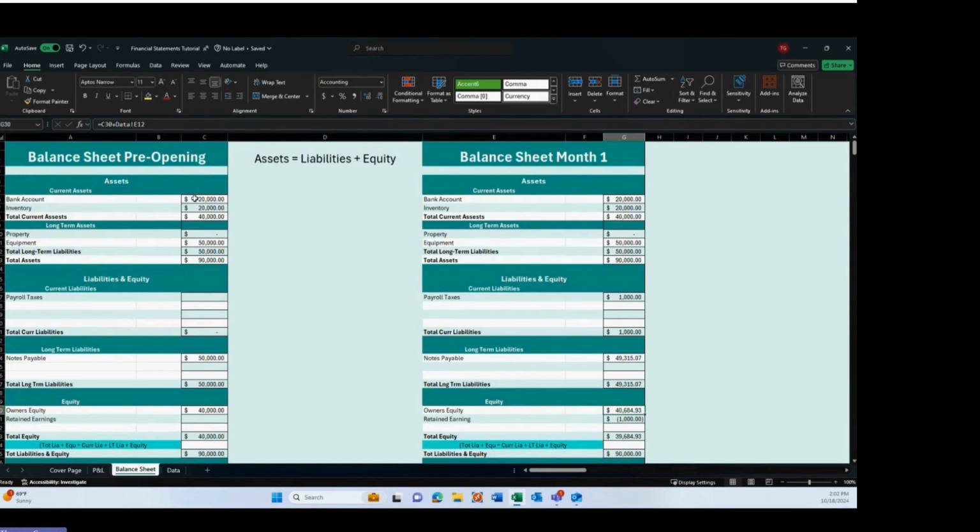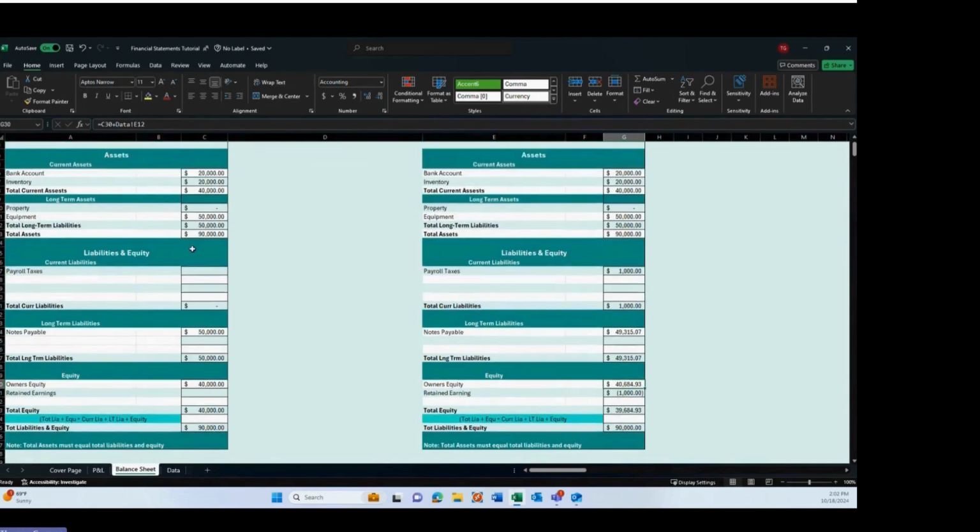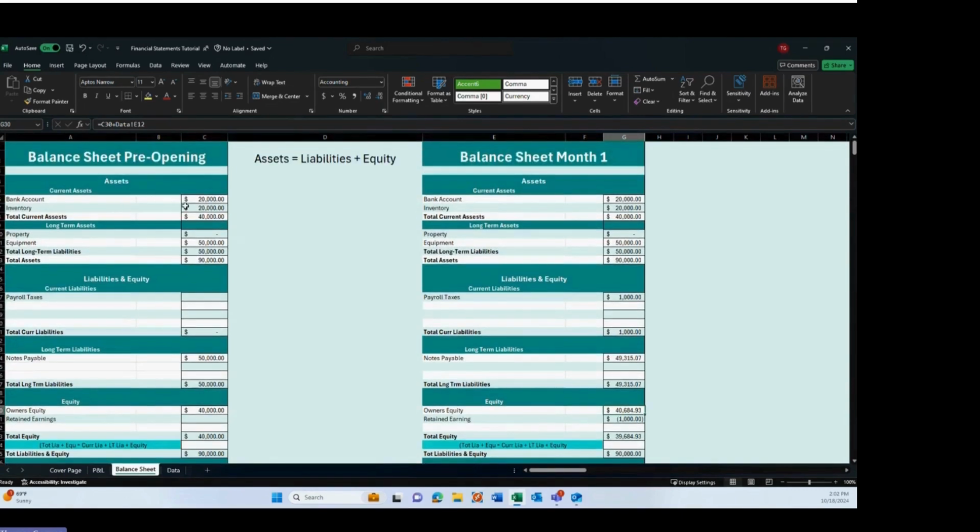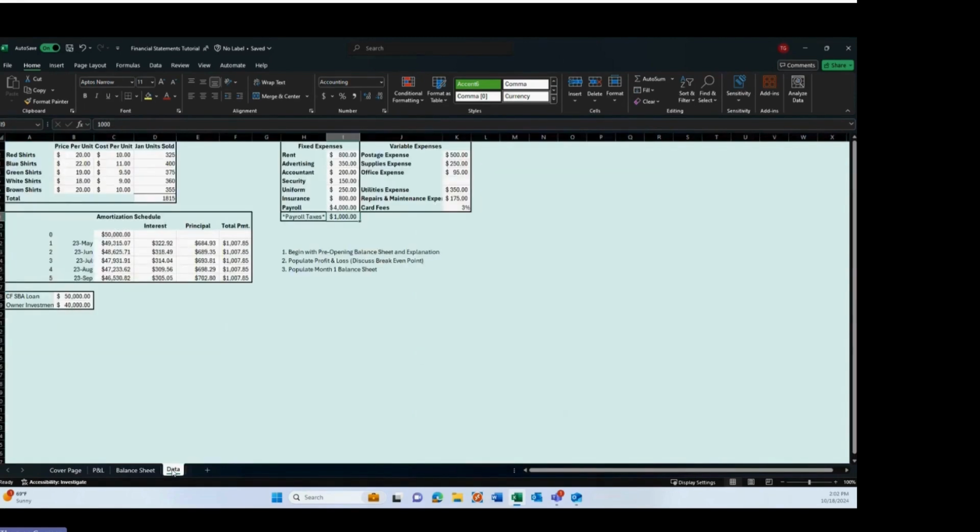So in this case, let's go to our data section so I can show you. This company got a $50,000 loan and it has $40,000 from the owner that they have invested in the company.